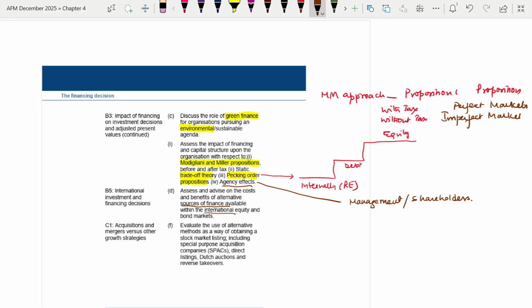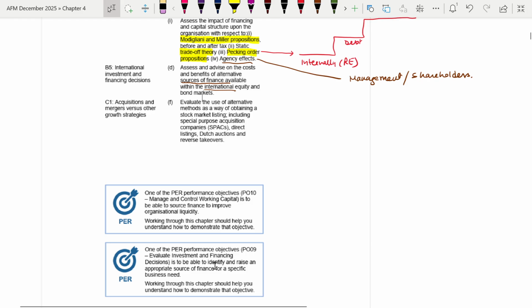We also evaluate alternatives for obtaining a stock market listing. Is it a SPAC, a special purpose acquisition company? You have different types: direct listings, Dutch auctions, and reverse takeovers.